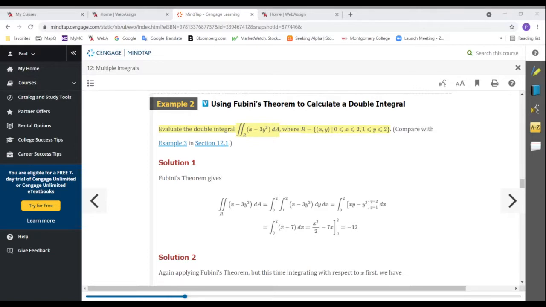Even before we look at the solution, let's look at a picture of this surface. The surface is the function x minus 3y squared.